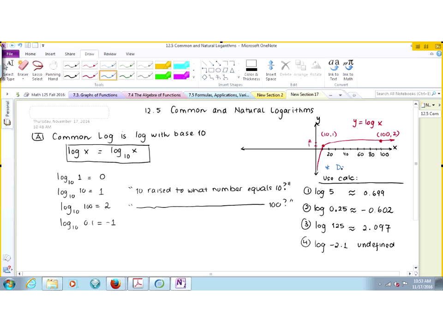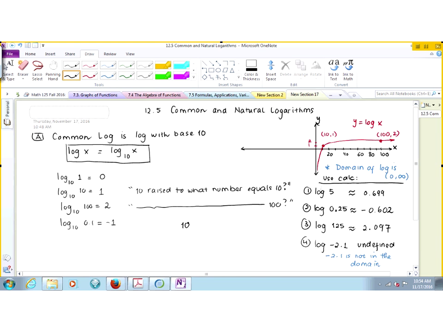So let's write down here. Remember, the domain of log is 0 to infinity. It's positive numbers only. So negative 2.1 is not in the domain. So it doesn't exist.